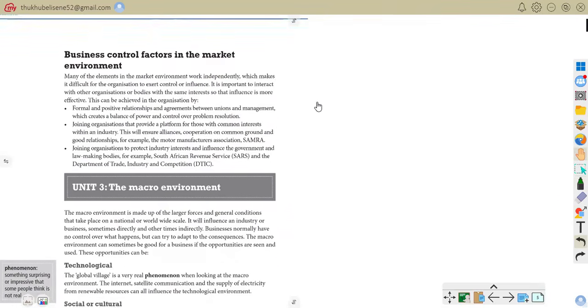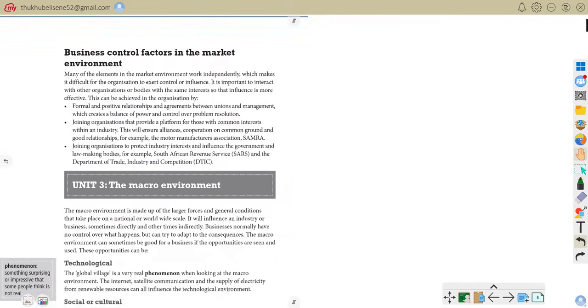Business control factors in the market. We know very well that under the market environment, the business has limited or partial control. Many of these elements in the market environment work independently, which makes it difficult for an organization to exert control or influence.